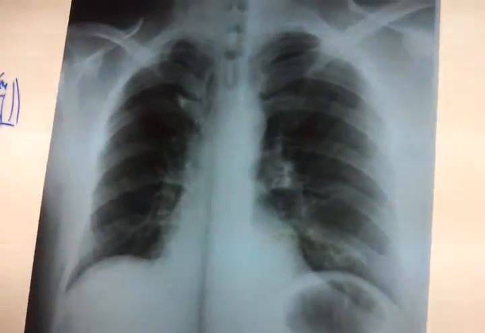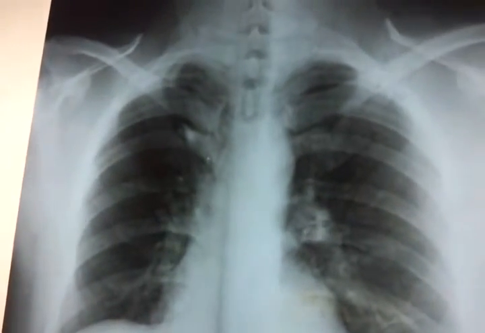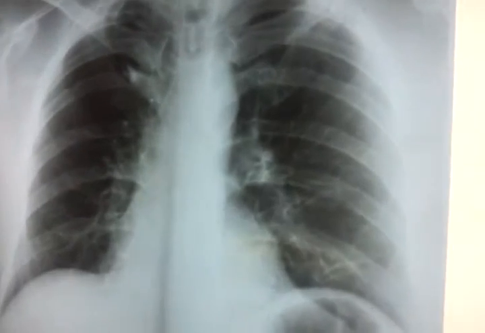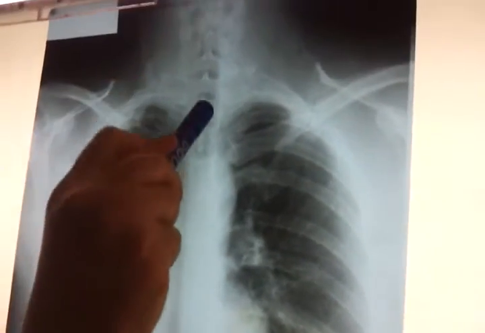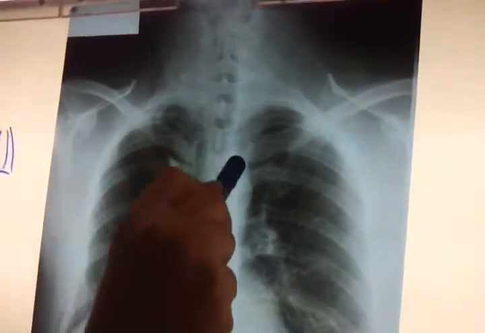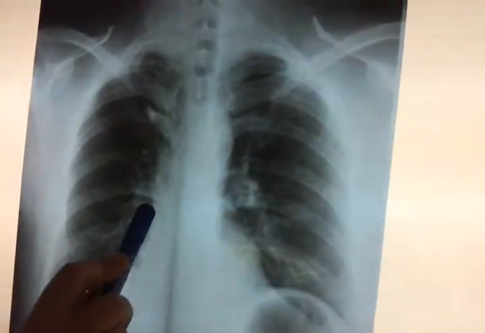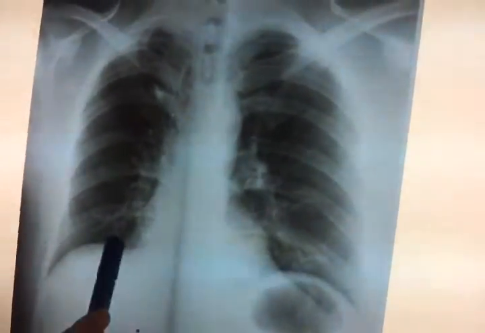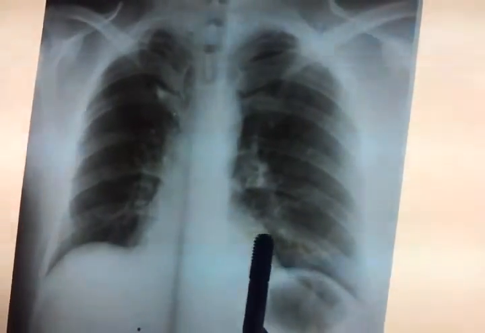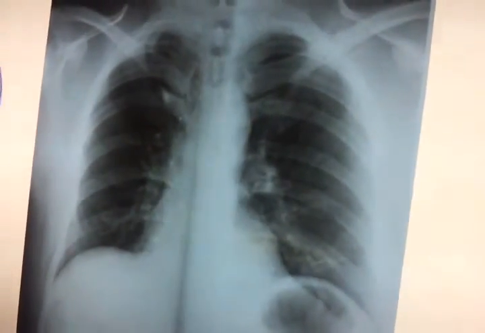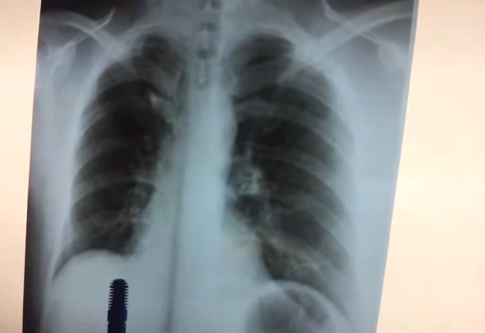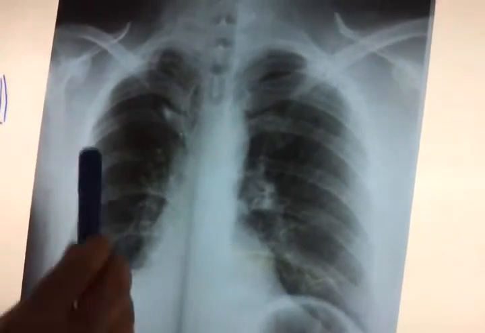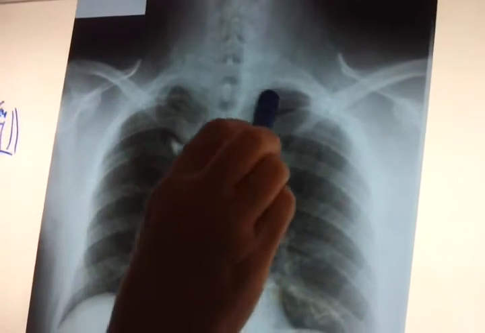Okay? What's wrong? If you see a chest X-ray and there is no obvious lesion, you go systematically. Trachea is what? Central. The heart size is what? Normal. The angle is normal. The vertebra is straight. Nothing below the diaphragm except the gases of the stomach. Apices are clear.